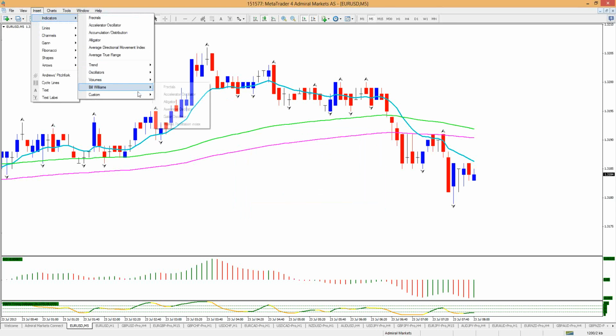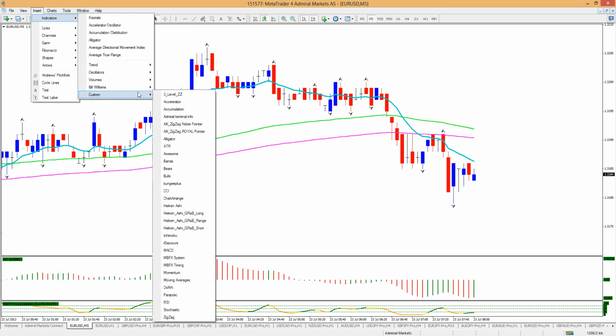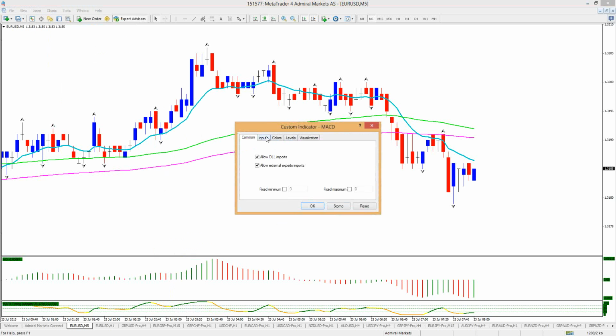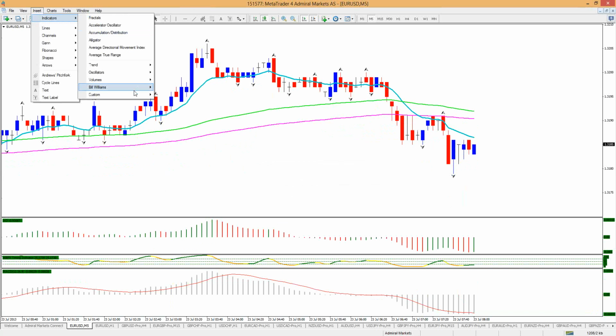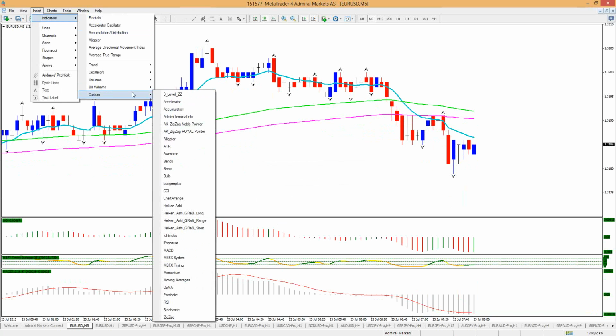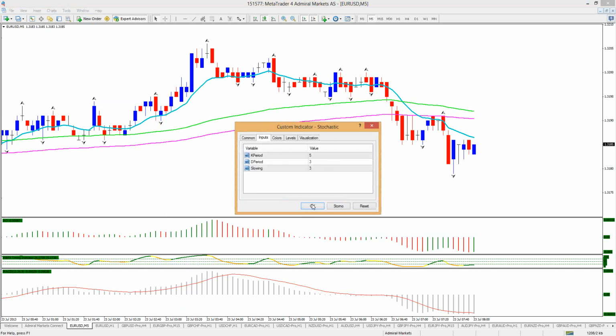And I will add a MACD. I forgot the values. Does anyone know the values that we discussed in the live seminar by any chance? I'll have to look it up.